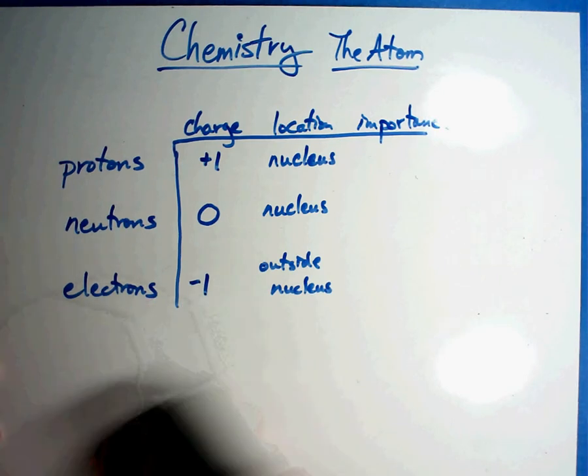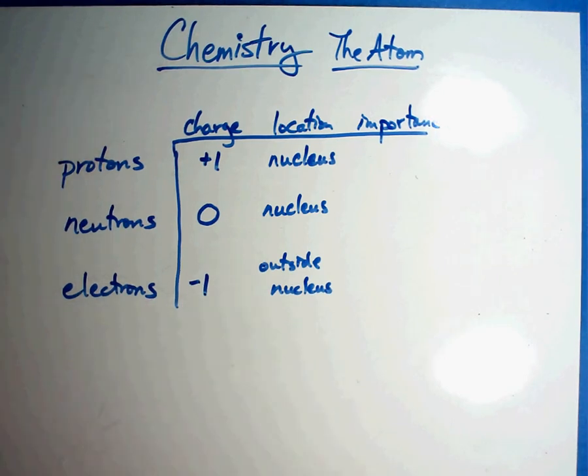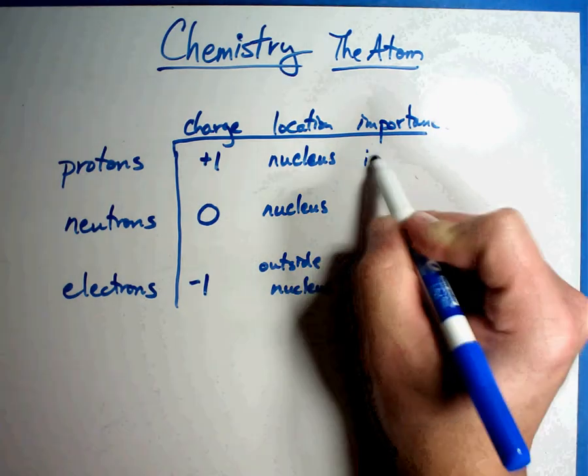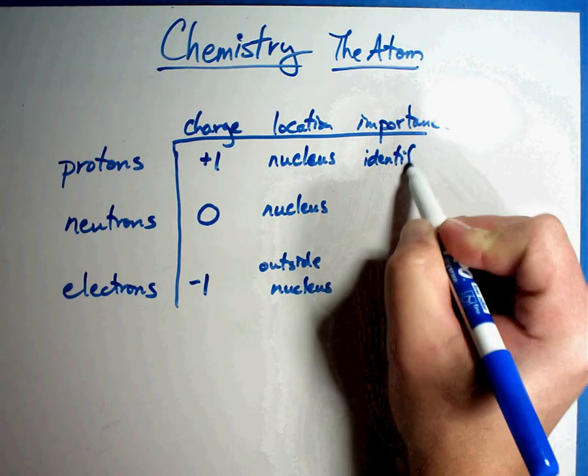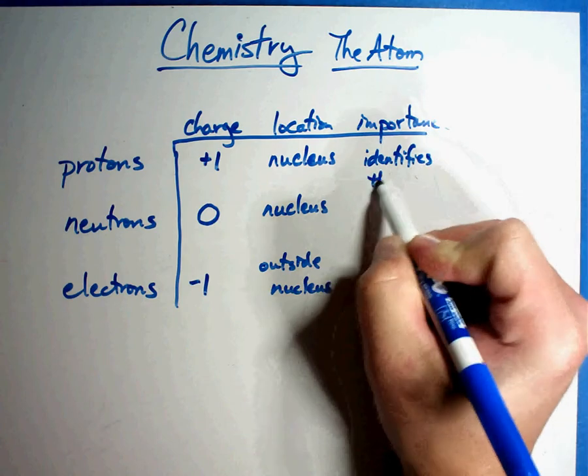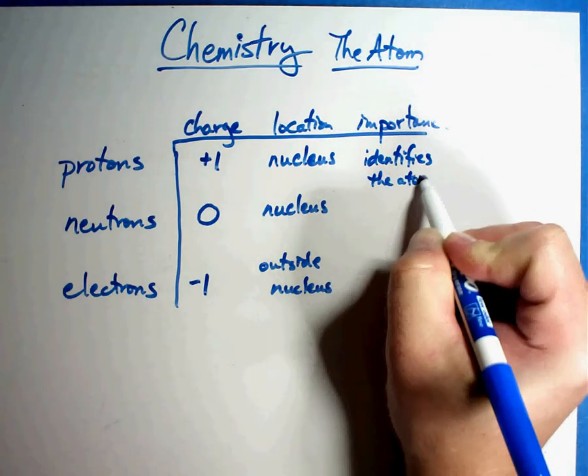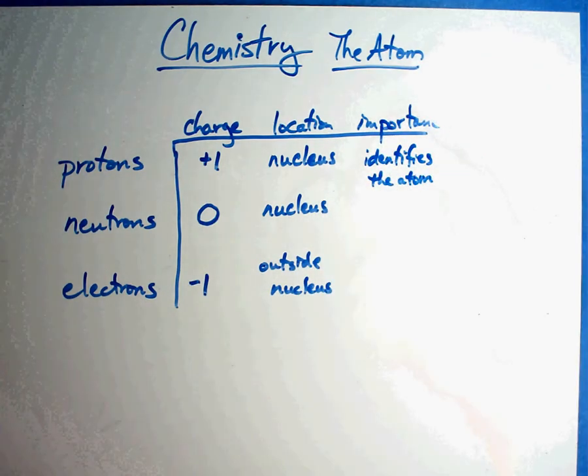Now, importance. The very first thing I want to write down about the proton is that it identifies the atom. We'll see in greater detail what that means. But in general, it means this. The proton tells you what element you're dealing with.